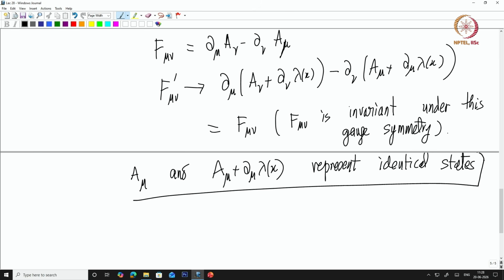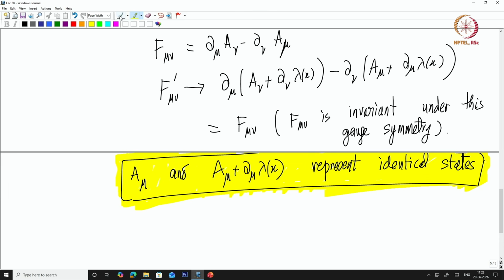This is the main crucial point. If you quantize these, they represent identical states, there is no difference between these two states, and that is the reason we are having this problem with the degrees of freedom.